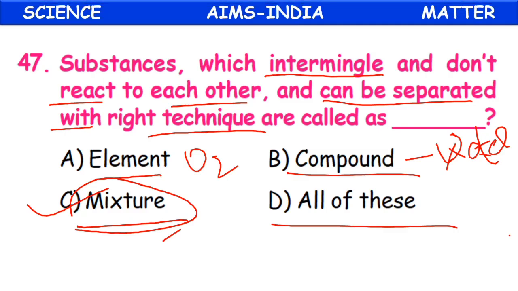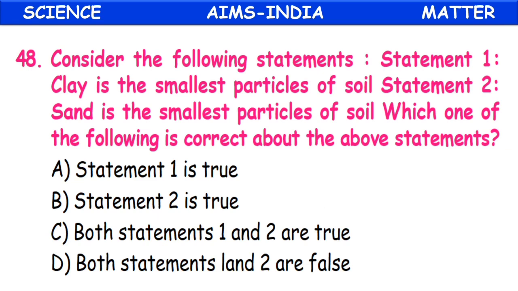Clear, children? Now 48th question, consider the following statements. Statement 1 is clay is the smallest particles of soil. Statement 2 is sand is the smallest particles of soil. And which one of the following is correct about the above statements? So statement 1, what is it? Clay is the smallest particles of soil.